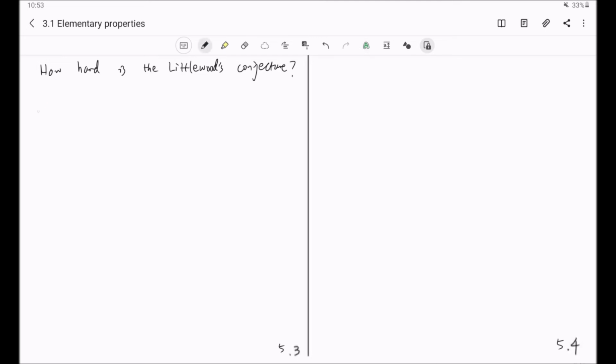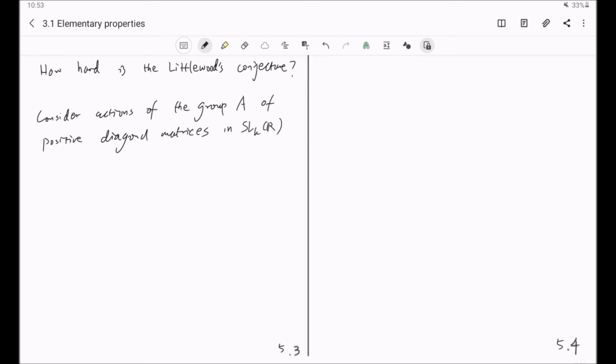Now if you consider the actions of the group A of positive diagonal matrices in SLkR for k greater or equal to 3 on the space SLkR mod SLkZ, and now consider this measure.